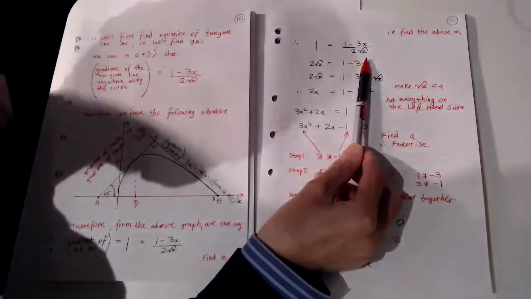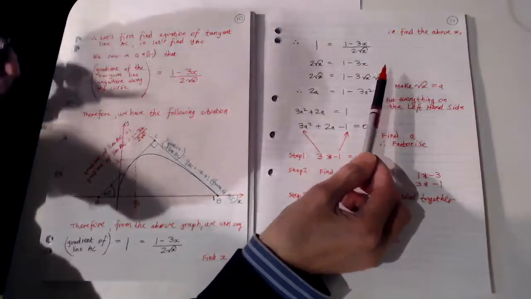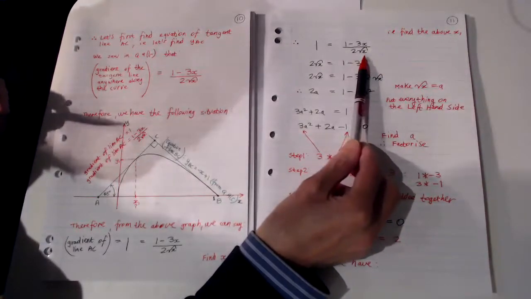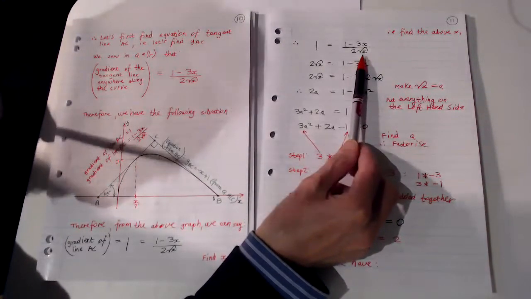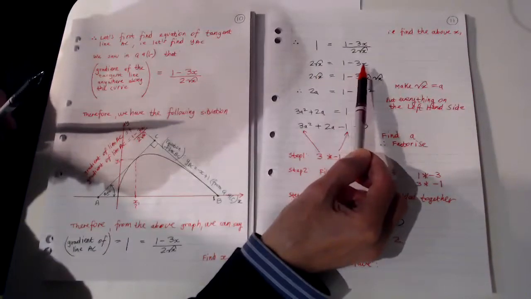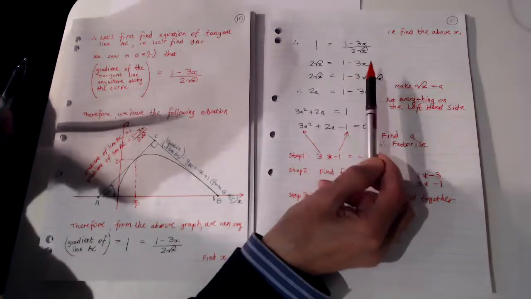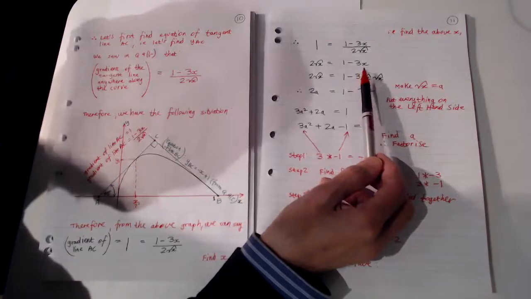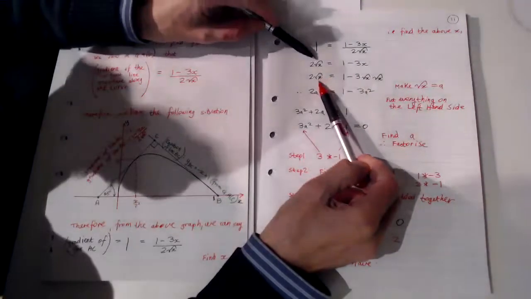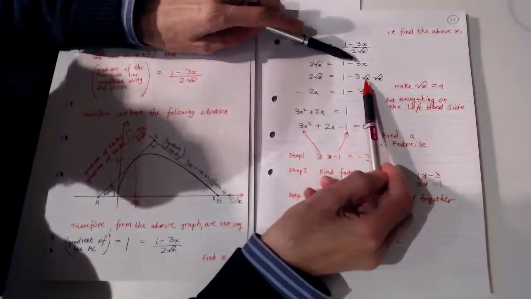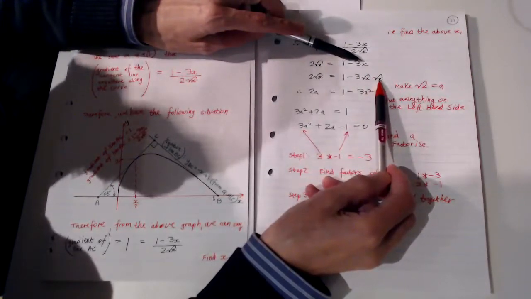Multiply both sides by 2 square root of x, and we get 2 square root of x equals 1 minus 3x. x can be written as square root of x times square root of x.